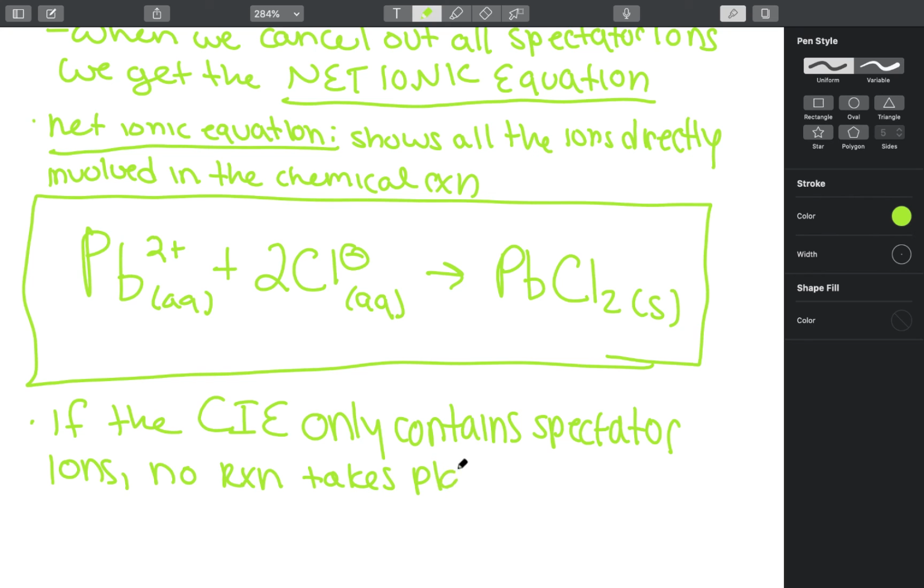And that's because you will cancel out all of the participating species, and therefore the net ionic equation will have 0 things within it.